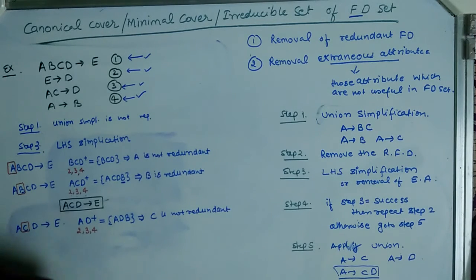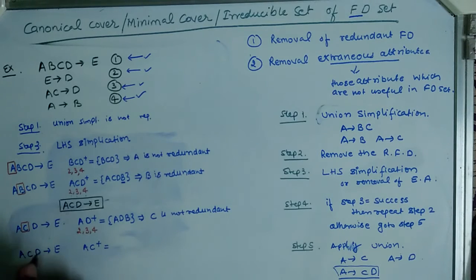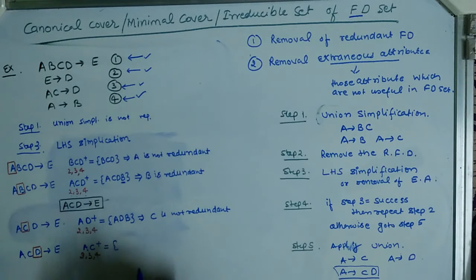Then finally, from the same ACD tends to E, now we need to find the AC closure by removing the D attribute, and find the AC closure from 2, 3, 4. We check whether we will get D or not.